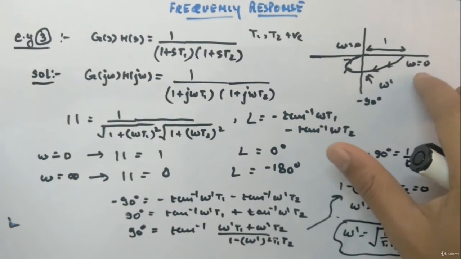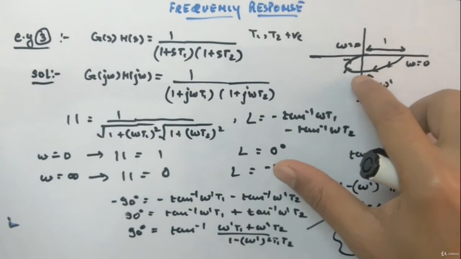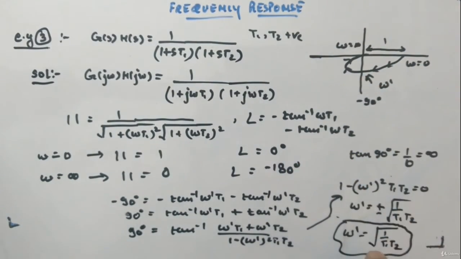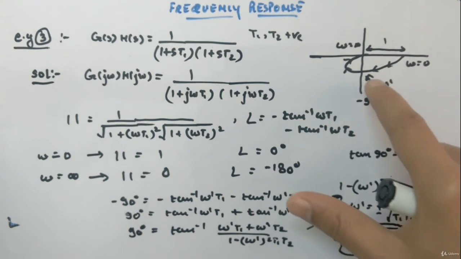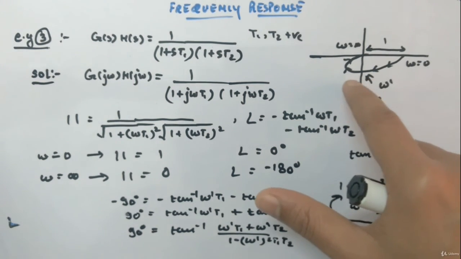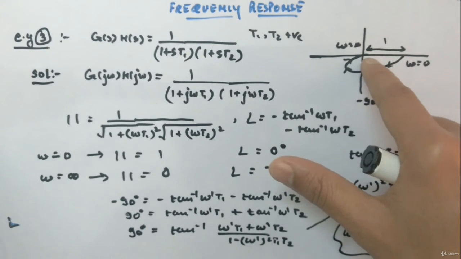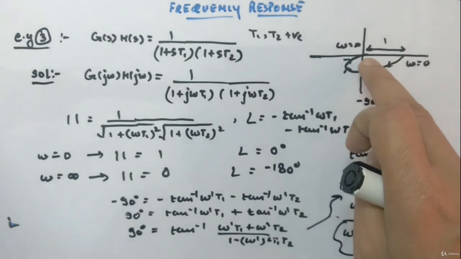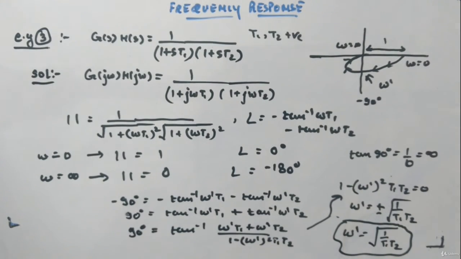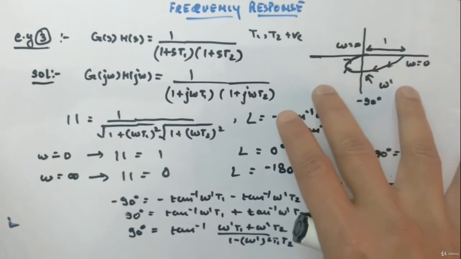It will start from omega equal to 0, go on, at omega dash equal to under root 1 by T1 T2 it will cut minus 90 degree, and then it will go on and on, and finally at omega equal to infinity the magnitude will be 0. So that's how the polar plot of this will look.